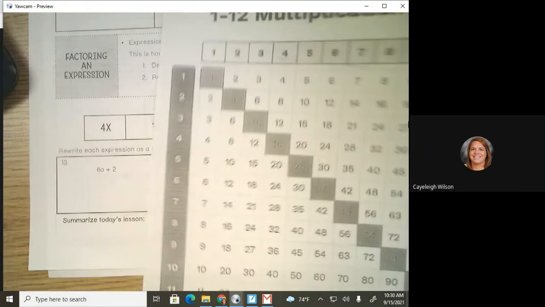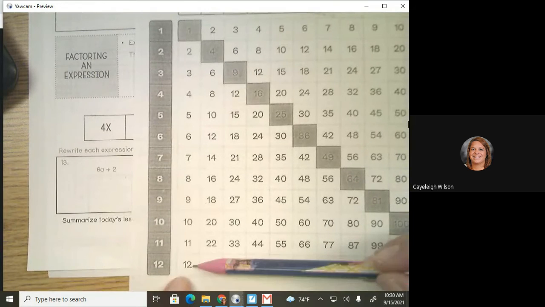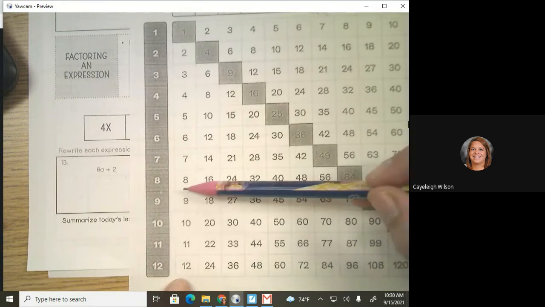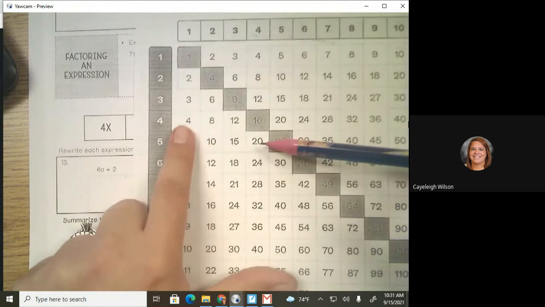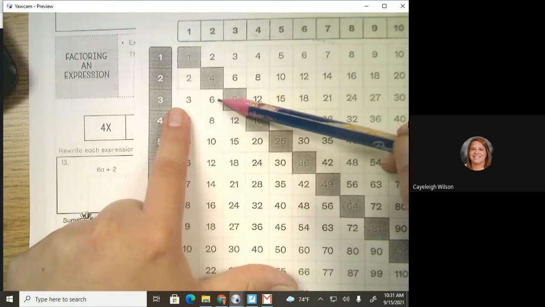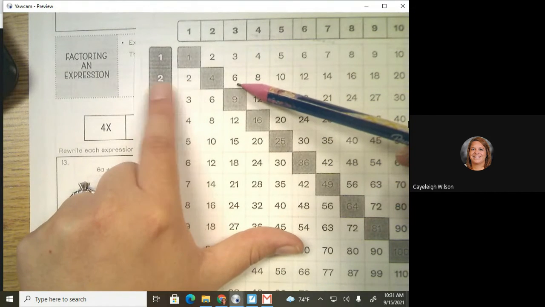Okay. So if you're not sure what I'm doing, once again, I'm going to start down here, and 6 or 2, these are way too big. Oh, here's one that's got a 6, but no 2. Here's one that's got a 6, but no 2. Oh, here's 2 and 6. So the greatest common factor is 2.